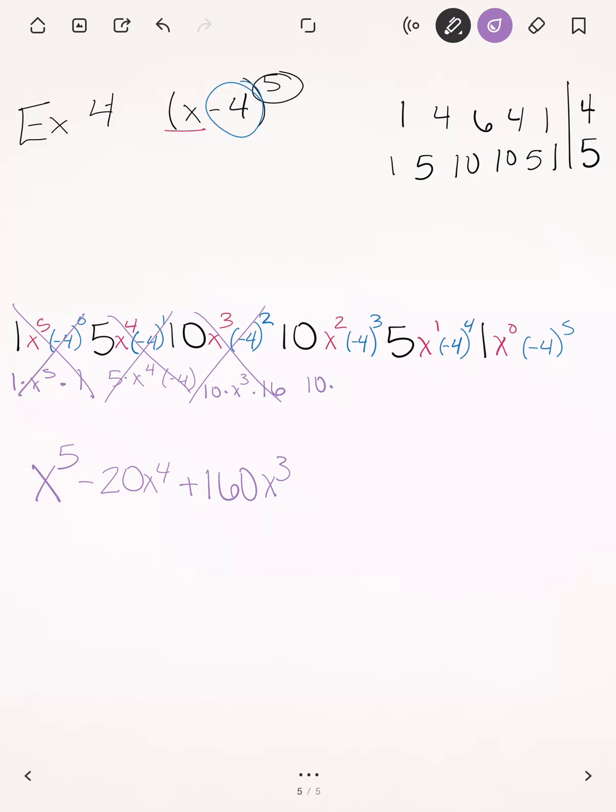I have 10 times x squared, negative 4 cubed. What is negative 4 cubed? 64? Negative 64? Yep, negative 64. Awesome. So when I multiply that together, I get a negative 640x squared. So I'm done with this one.